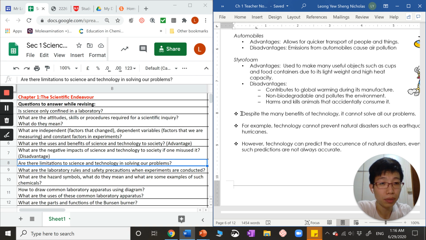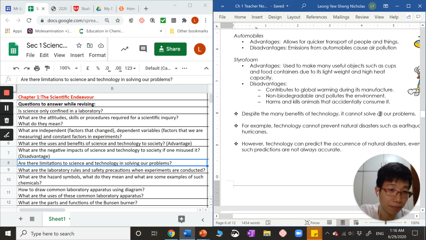For example, for now, there are still some illnesses that don't have any drugs or medication for them. And that's why they cannot solve all of our problems at every moment of time. It can solve some, but not all. So the keyword is all.